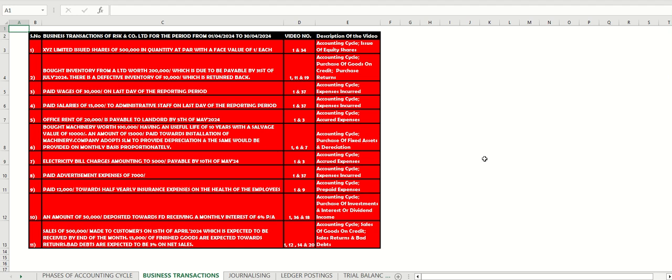So we would be preparing the income statement for the period 1st April 2024 to 30th April 2024, and we would be preparing the balance sheet of RSK and Co as on 30th April 2024. Below is the list of business transactions entered into by RSK and Co for this period.